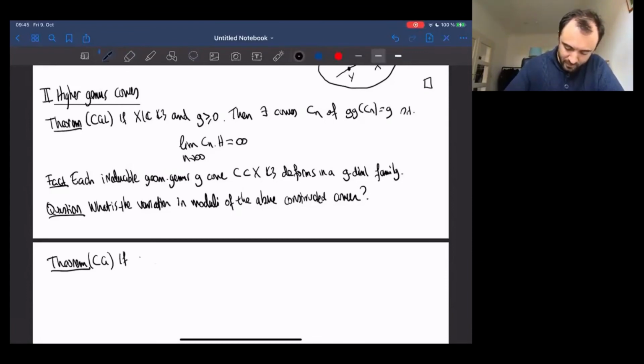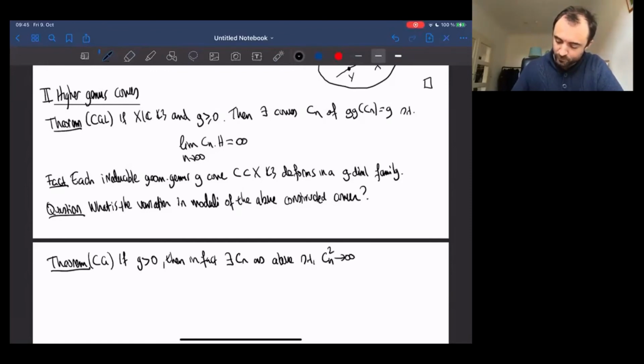So if G is at least 0, so not the 0 case, then in fact there exists Cn as above, such that Cn squared goes to infinity, and the variation in moduli of each Cn is maximal.